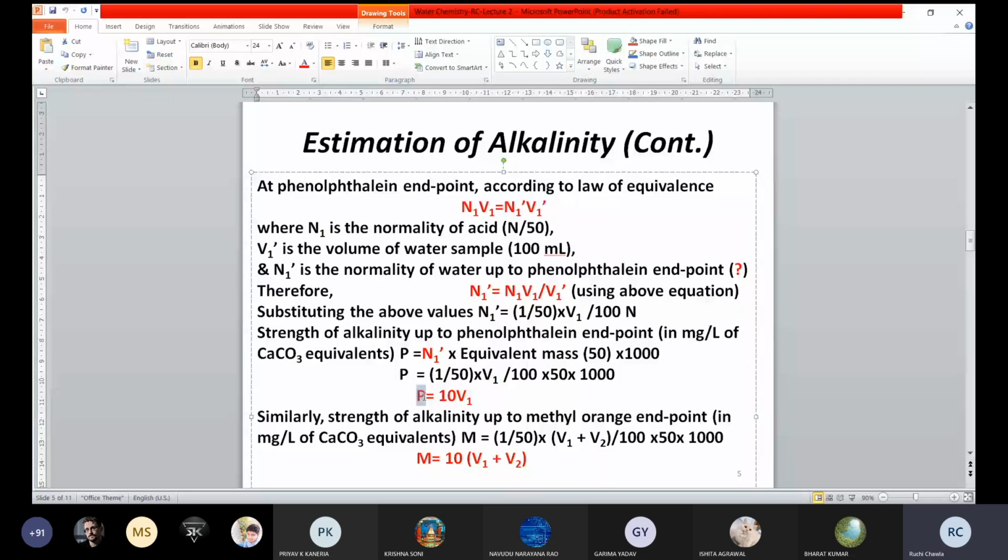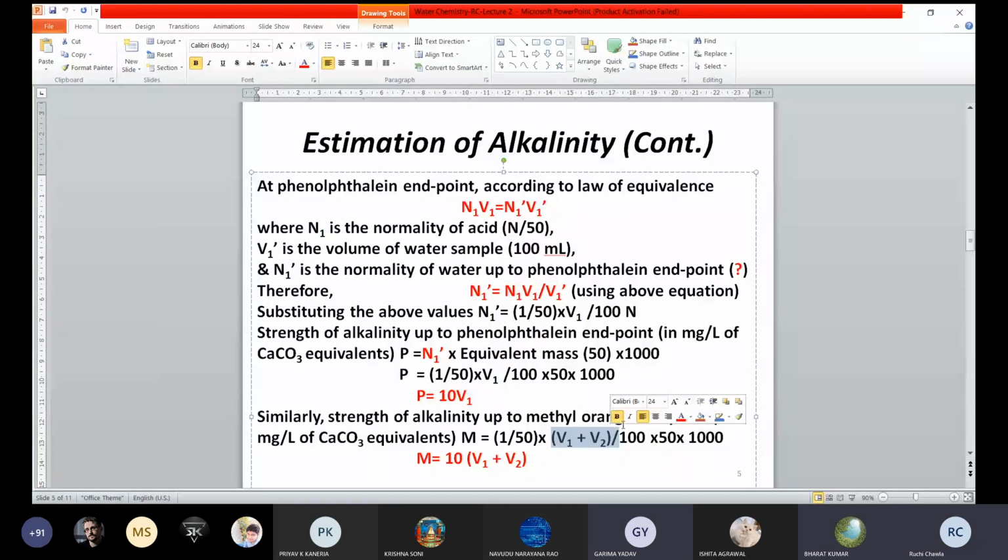And when you apply the same procedure to the strength up to methyl orange endpoint, the only difference is going to be in the volume. Here it was the burette reading. If this is the volume consumed up to phenolphthalein endpoint, what is the volume that is consumed up to methyl orange endpoint?